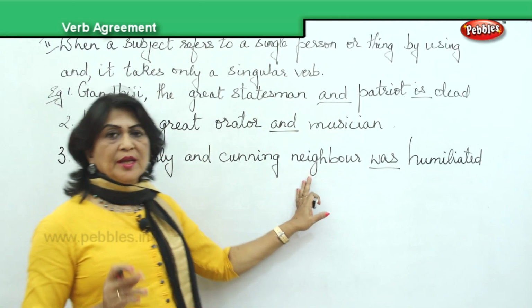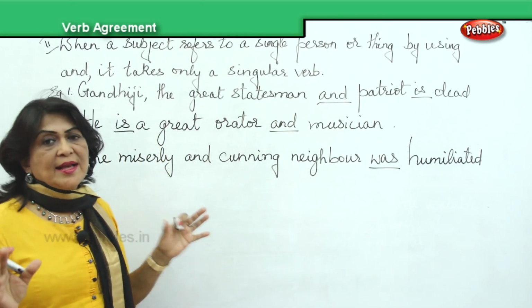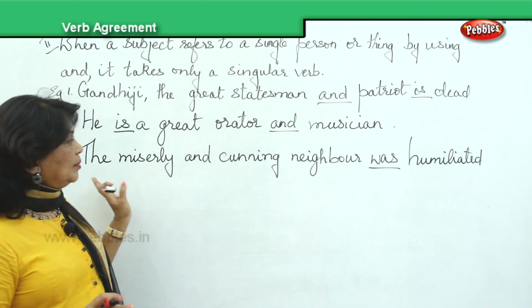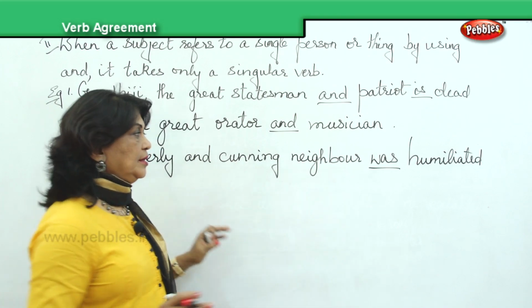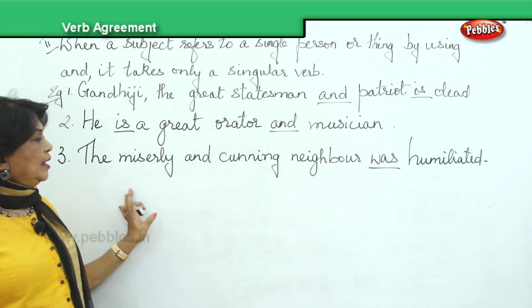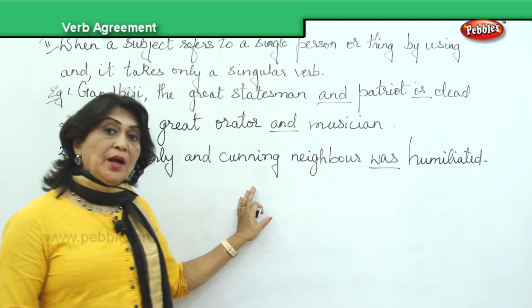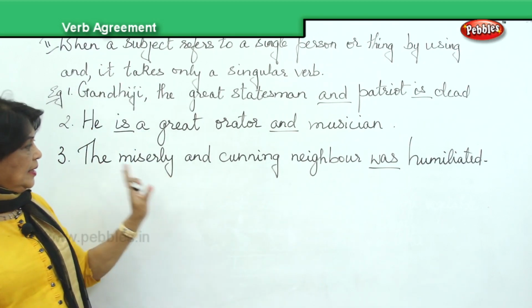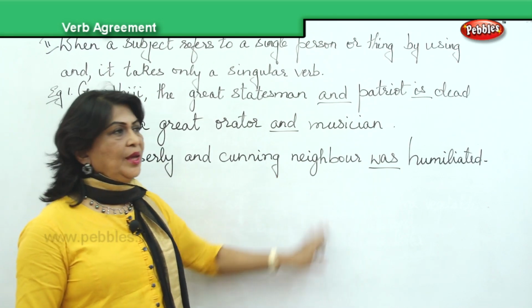So, we are talking about only one neighbor, and he has two aspects of being cunning and miserly. Okay, the miserly and cunning neighbor was humiliated. So, we use only the verb in the singular. If I say the miserly man and the cunning neighbor, then we say were humiliated. But here it refers to a single person, that is the neighbor. Okay?